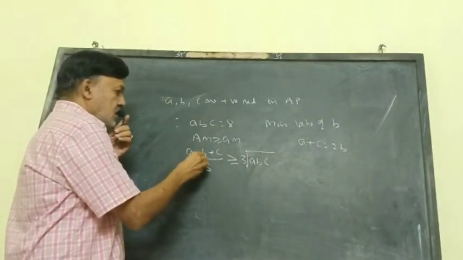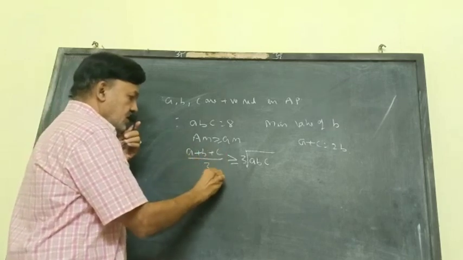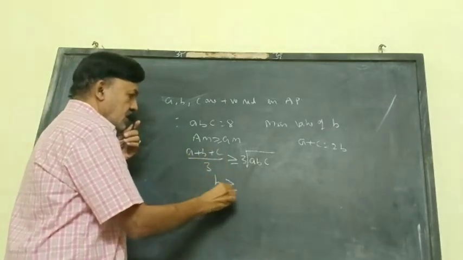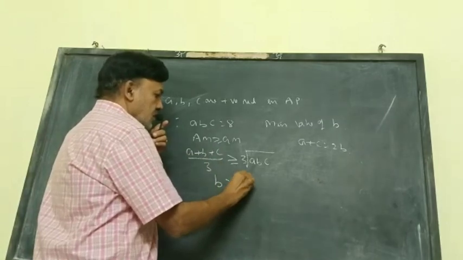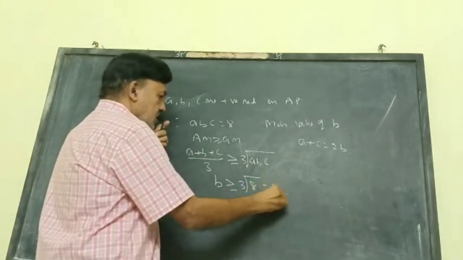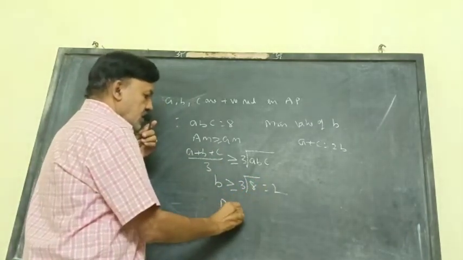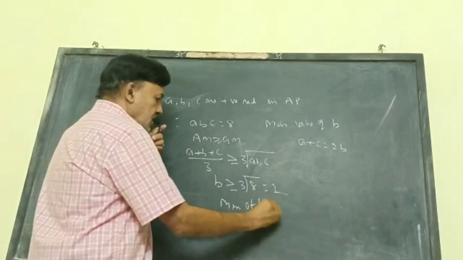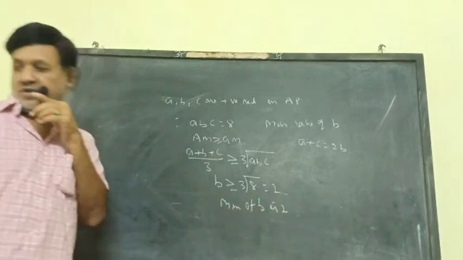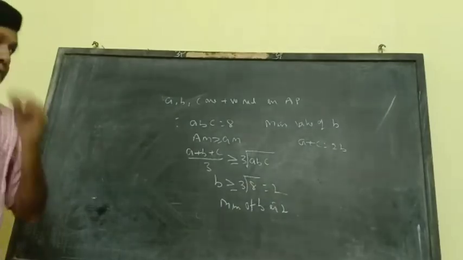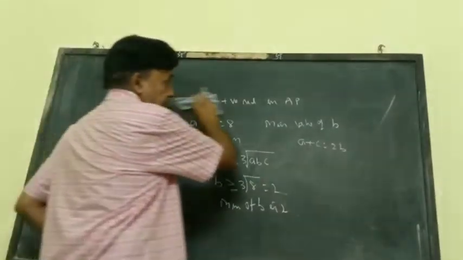So what you are going to get? B greater than or equal to cube root of 8. How much? 2. So minimum of B is 2. That's it. Okay, right.